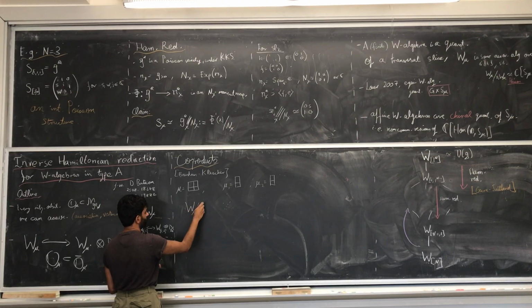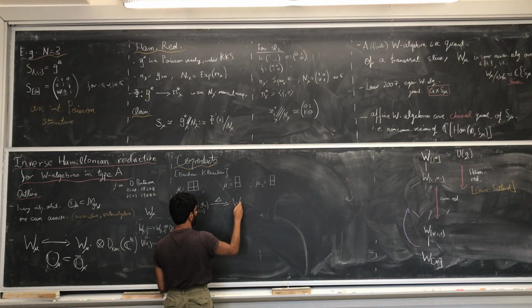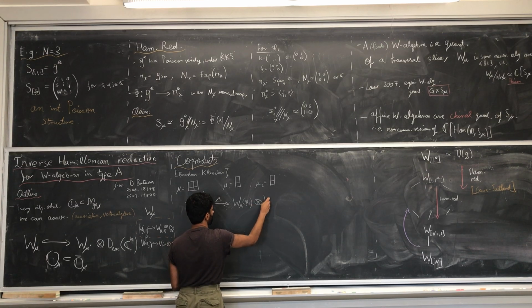And now this is a W-algebra for GL4 to W mu1, which is a W-algebra for GL2, times W mu2.